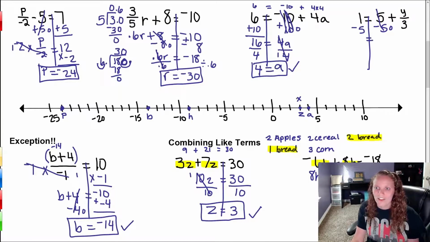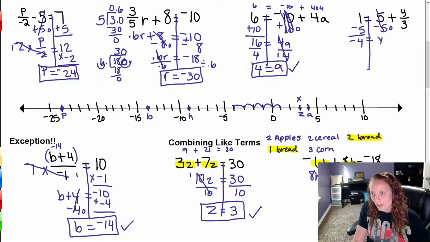1 minus 5, so let's just look at the number line. Here's 1, and so if we subtract 5, 1, 2, 3, 4, 5, and I went to the left because that's subtracting. 1 minus 5 gets us to negative 4, because then the next number would be negative 5. So 1 minus 5 is negative 4.